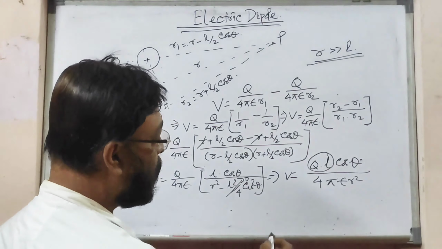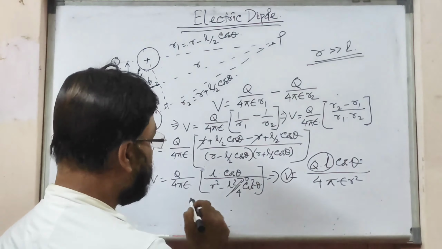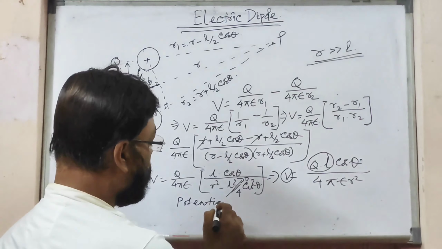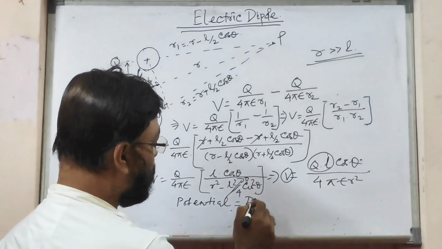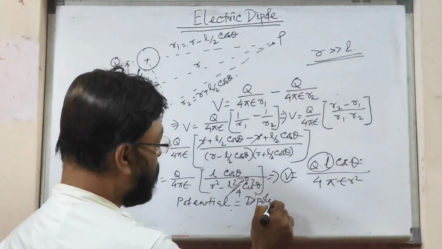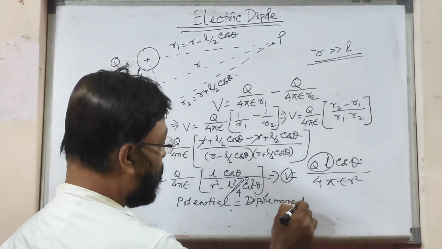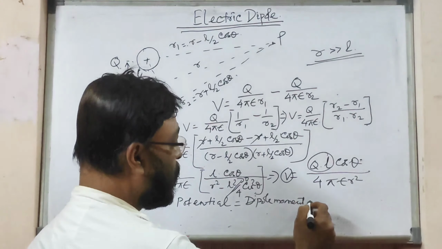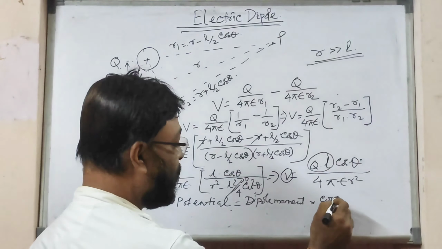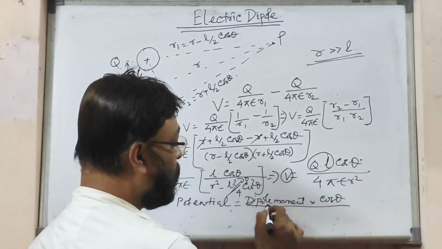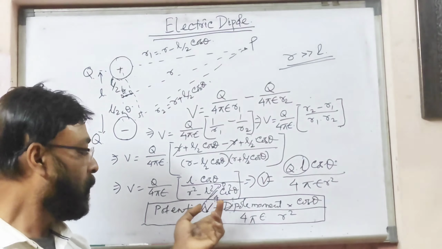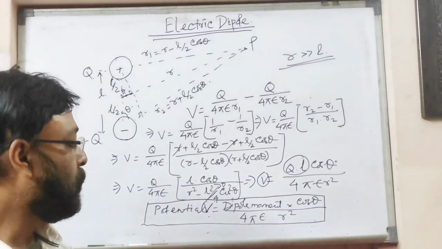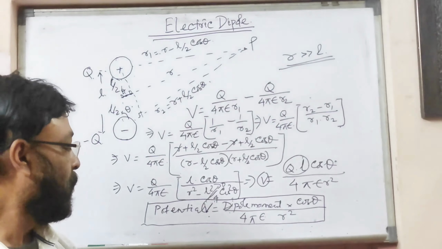So that is the relationship between the potential and the dipole moment. V is the potential, and this one is the dipole moment, Q into L, that is the product of the charge and the length between them, into cos theta, that is the angle factor, divided by 4 pi epsilon r square. So the potential we have derived is equal to dipole moment into cos theta by 4 pi epsilon r square.